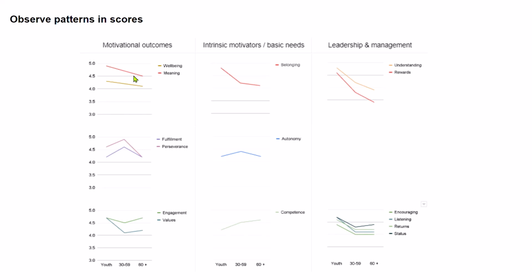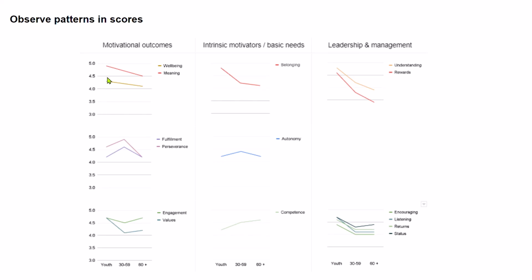It just happens to be a straight line, but you see here you have a peak, or here you have a valley. So the youth are here, the 30 to 59 are here, the 60 plus are here. And I've grouped the scores by the shape of the line that joins the three scores together.